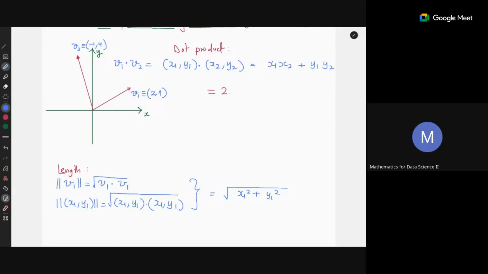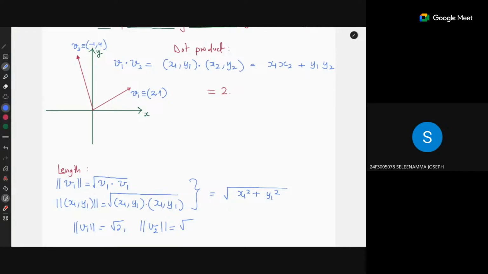Now, what is the length of v1 in this example? Square root of 2. What about the length of v2? No, sorry, it's not 5.